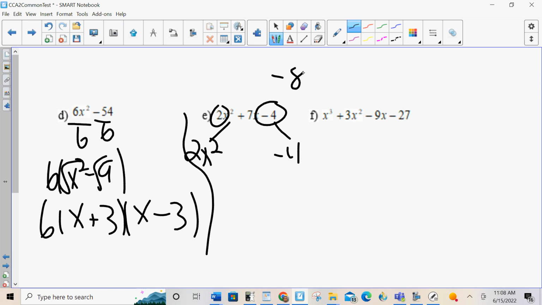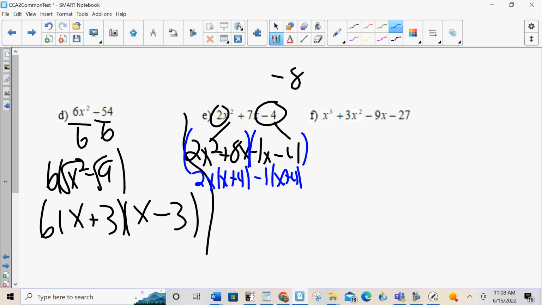Well, that's positive 8 and minus 1. They each get an x. From there, I group it. 2x, x plus 4, minus 1, x plus 4. I combine my coefficients, 2x minus 1, x plus 4.